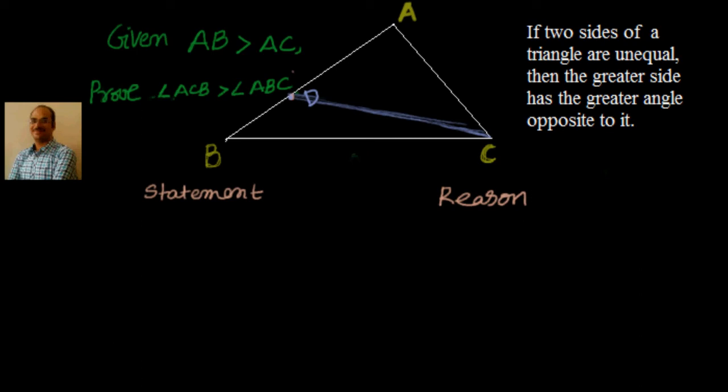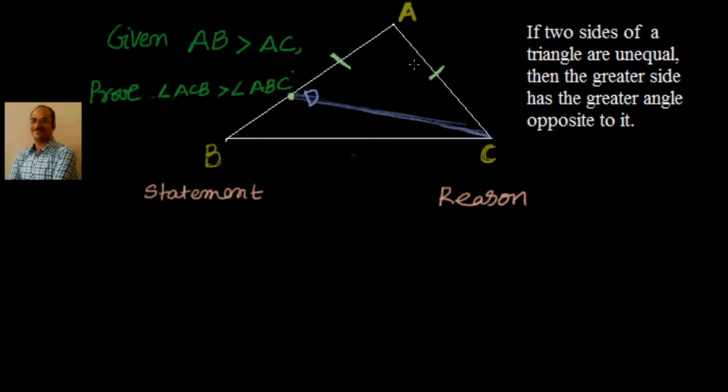Since AC is equal to AD, I can say that this length is equal to this length. So what we have done? We have marked the length of AC on AB, and found that the point is D. We have joined CD.